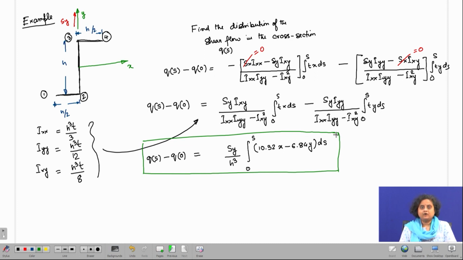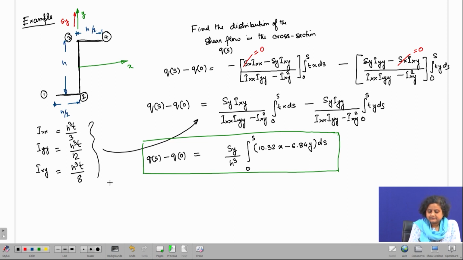Now, what we need to do next is to evaluate Qs for each portion of this cross section, that is portion 1 2, portion 2 3 and portion 3 4. So, let us start by finding it out.